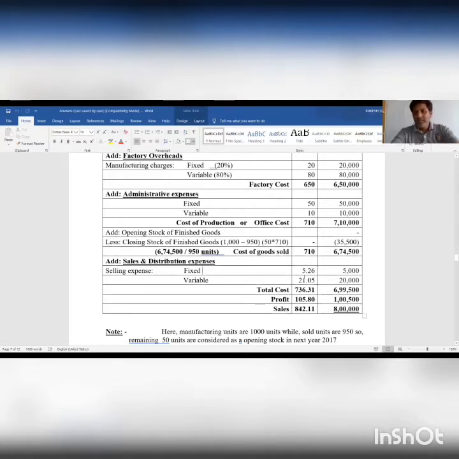So to find the per unit sales and distribution expense, we have to divide by 950, not by 1000. So 5000 divided by 950 gives rupees 5.26 per unit. In the same way, total variable sales and distribution expense is 20,000, and 20,000 divided by 950 gives 21.05.